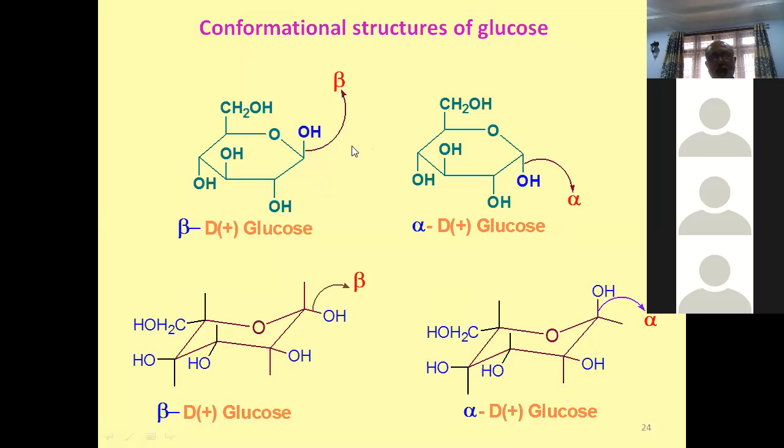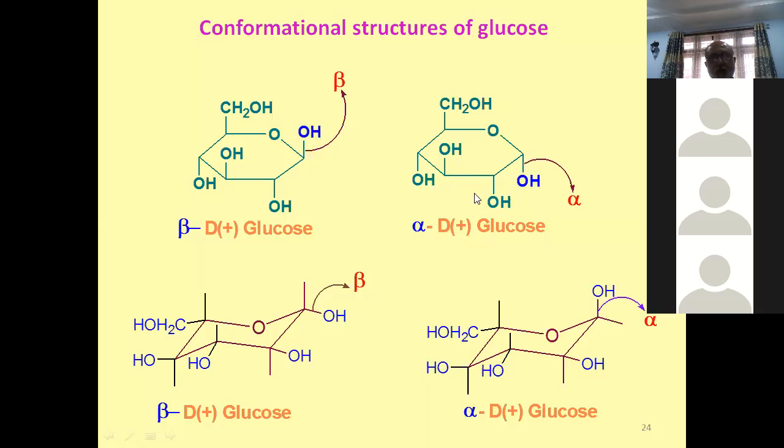It behaves as an aldehyde group in solution, and also in some reactions. This OH group is your anomeric OH group, a hemiacetal OH group. All hemiacetals will have one OH group, you know that. And because this new chiral center is created, we will have both alpha and beta.